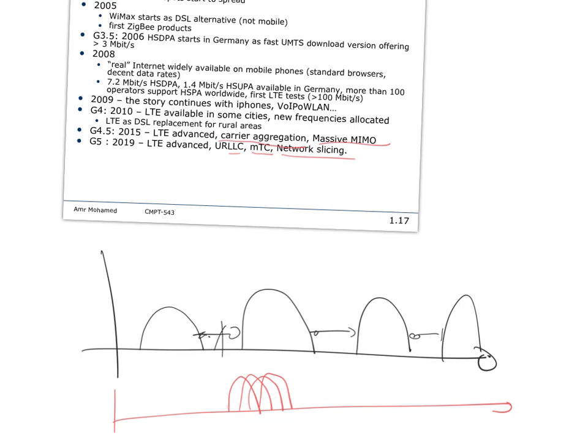Millimeter wave talks about communication at 60 gigahertz or something like this. But the current network that we have talks about, for example, 1 gigahertz. So they start to talk about millimeter wave for specific reasons, that this band is interference free and so on and so forth.